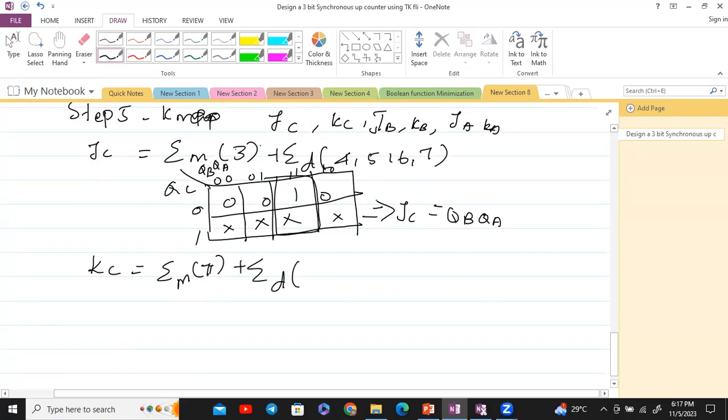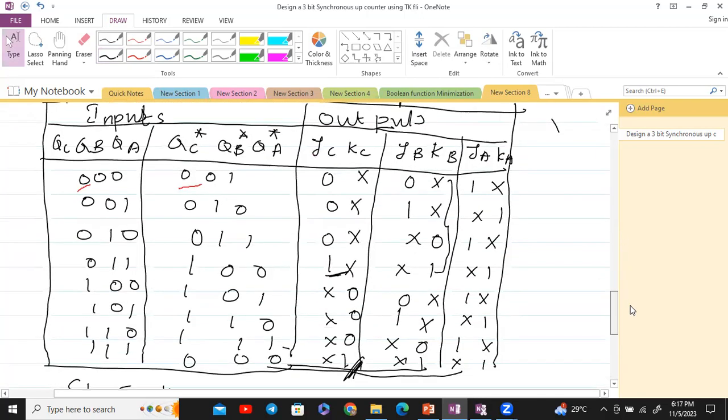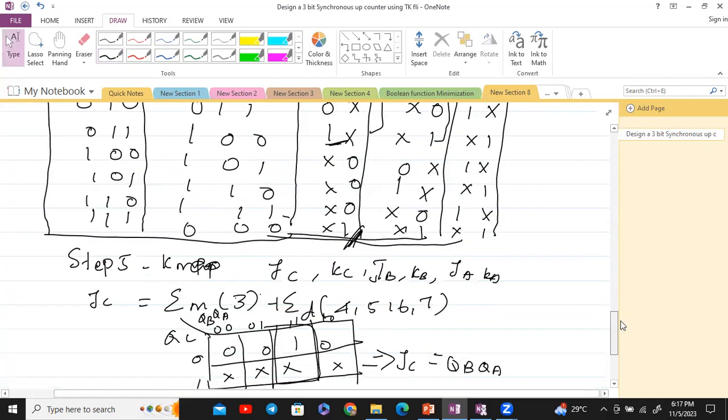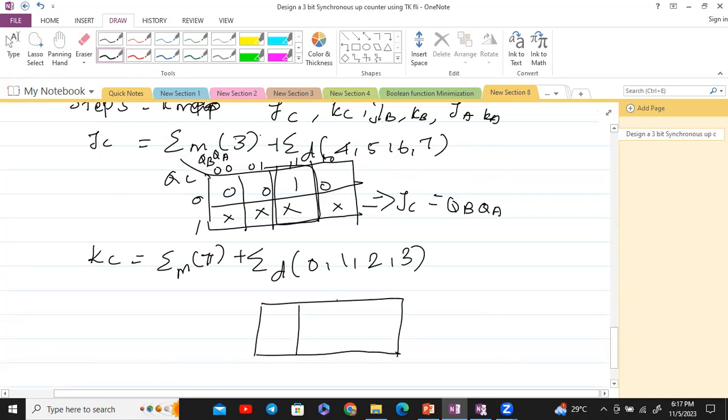The don't care terms correspond to the first 4 values. See this, the first 4 values you have don't care, which means 0, 1, 2, 3. It is a three variable K map.